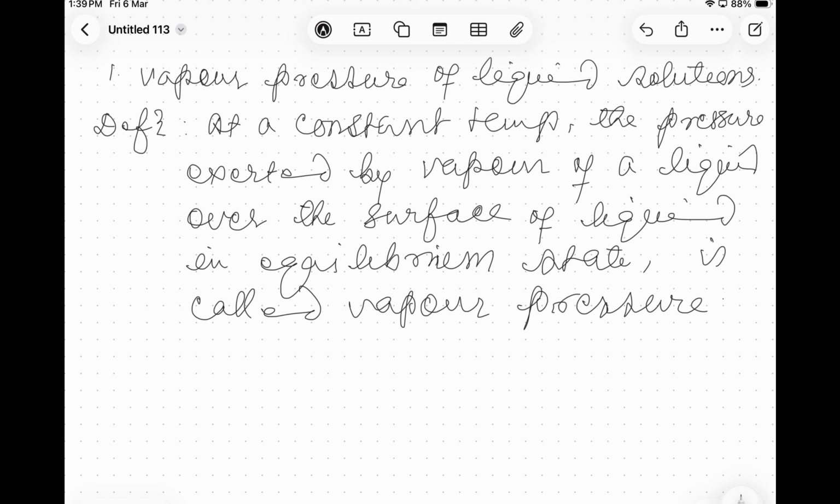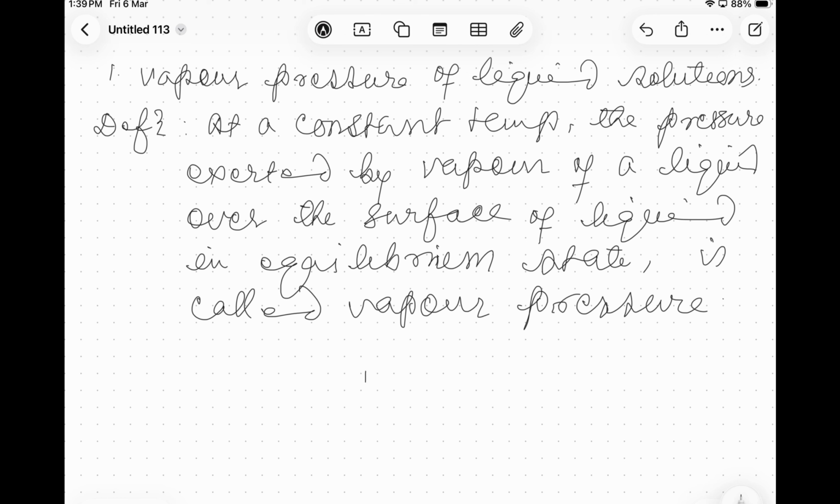Once again, at a constant temperature, the pressure exerted by vapor of liquid over the surface of liquid in equilibrium state is called vapor pressure.